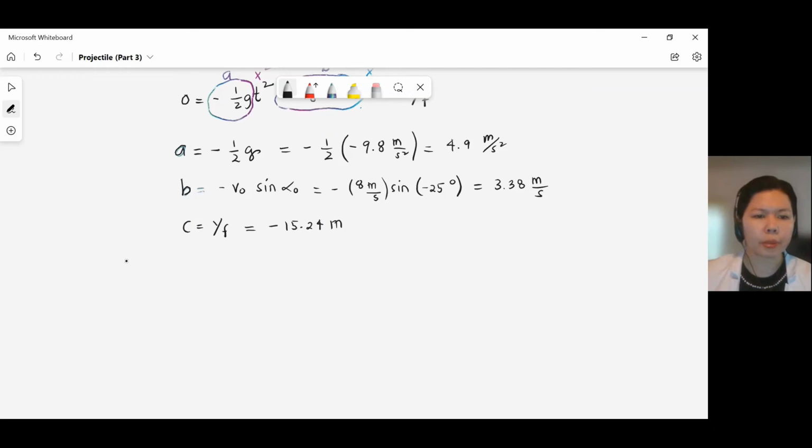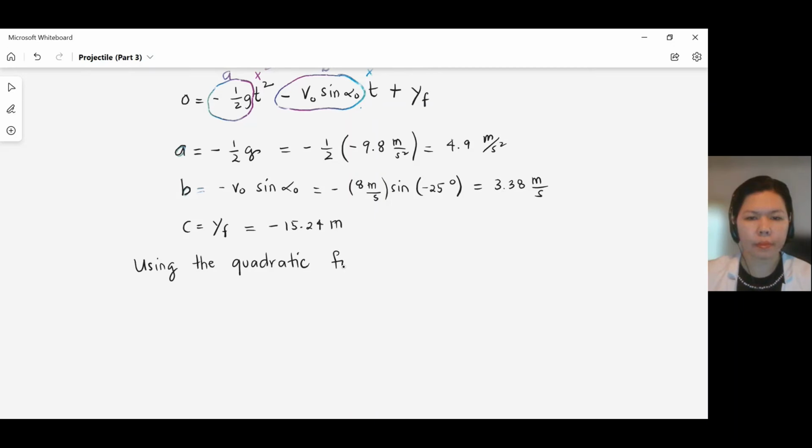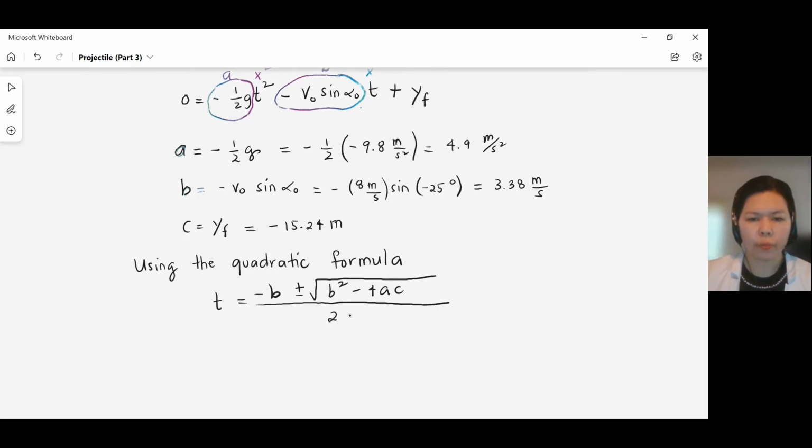So using the quadratic formula, x is our t. t equals negative b plus minus square root of b squared minus 4ac, all over 2a.